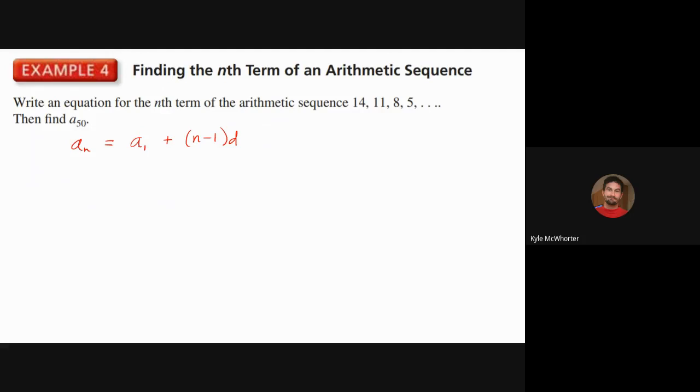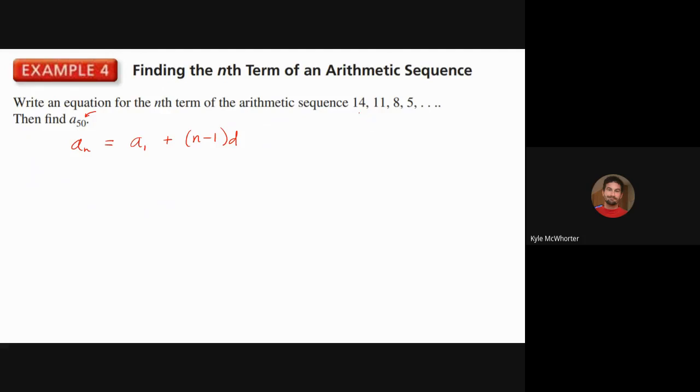Okay, well, I need to figure out what to fill in for A1, the first term, and for d. And then the n, I'm going to plug a 50 in to find the 50th term. So the first part is to find the equation.